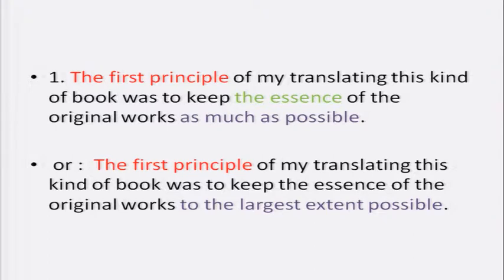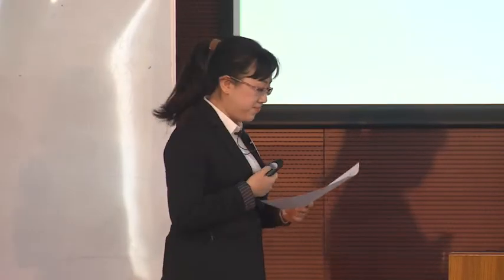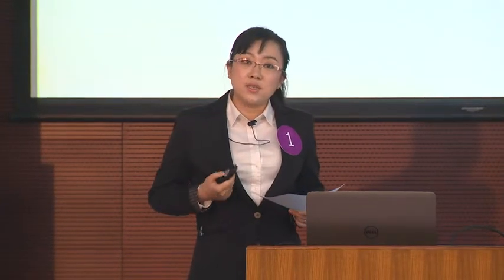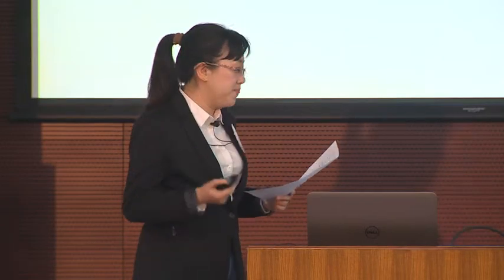Therefore, you can translate it as: the first principle of my translating this kind of book was to keep the essence of the original works as much as possible. Or you can word it like this: the first principle of my translating this kind of book was to keep the essence of the original works to the largest extent possible. So in this way, we started to translate the first sentence with the students.